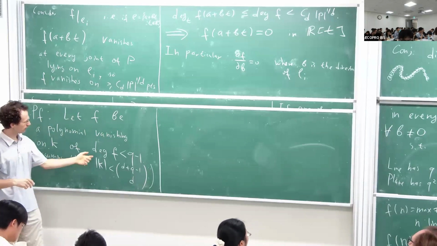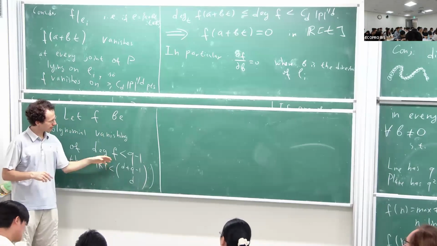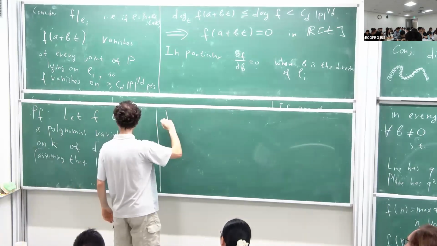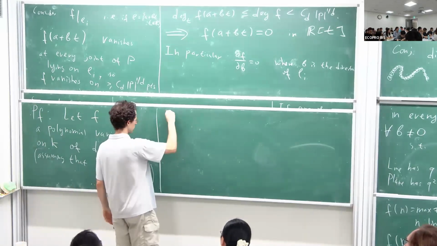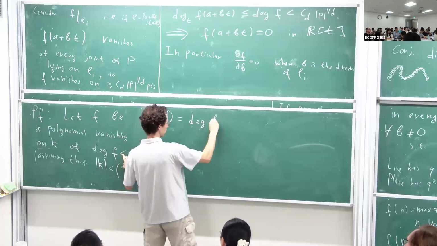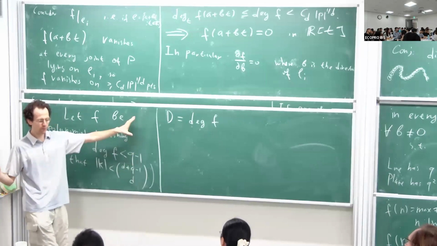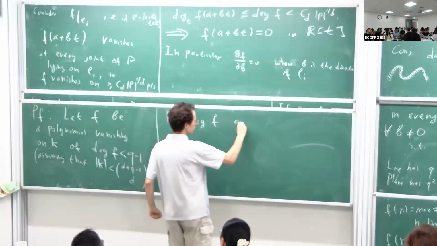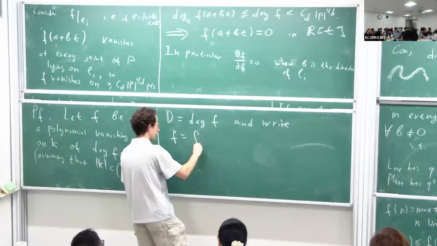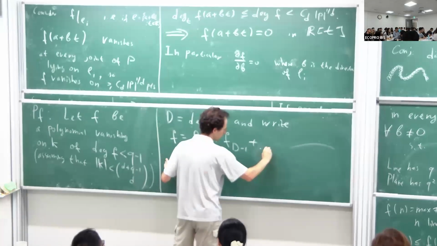Let's now look at components of f of different degrees. We're going to write capital D for the degree of f. It's going to be less than this, but I don't know what it is; it's some number. And I'm going to write f as the sum of its homogeneous components.